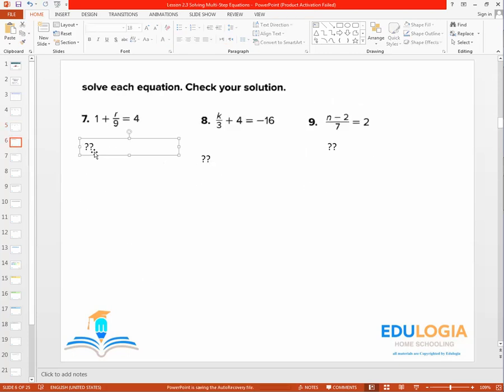Next one, it's the same here. In number 7, we have 1 plus r over 9 equals 4. First step, transferring 1 to the right-hand side, we have negative 1.